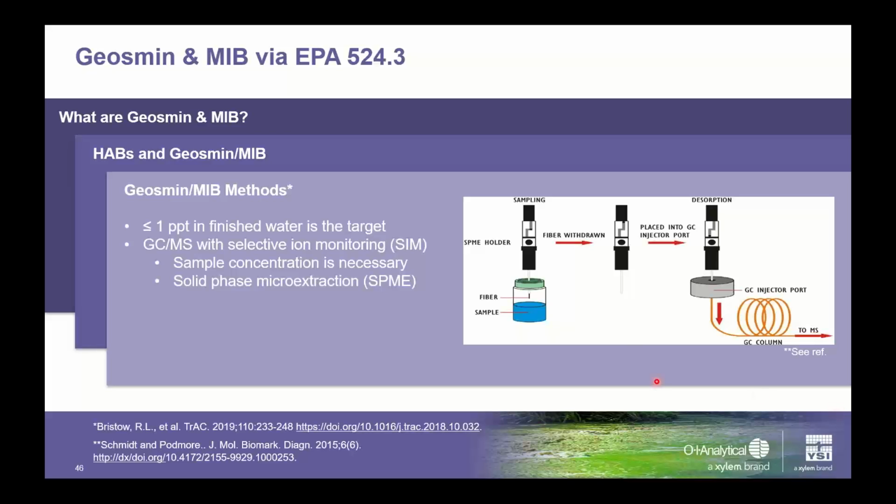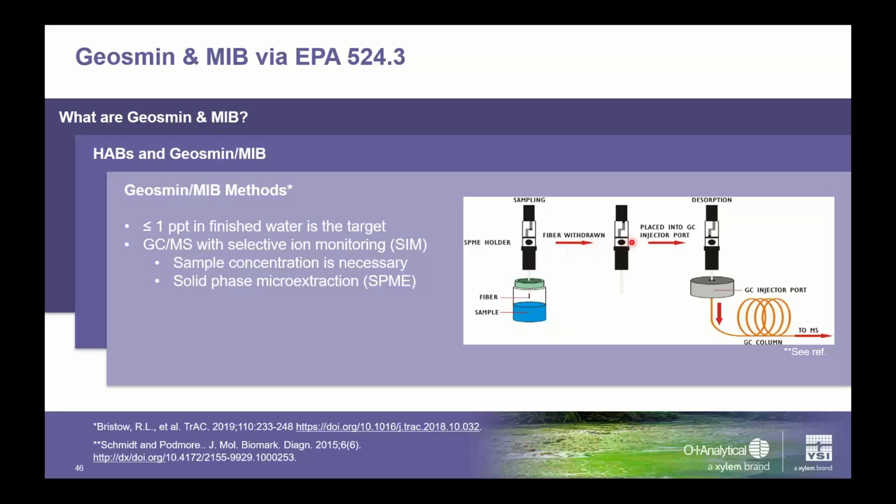So this fiber that is put into the sample is a fused silica fiber that has a polymer coating, and the analyte, when you purge the sample with a gas flow, volatilizes and adheres to that fiber.